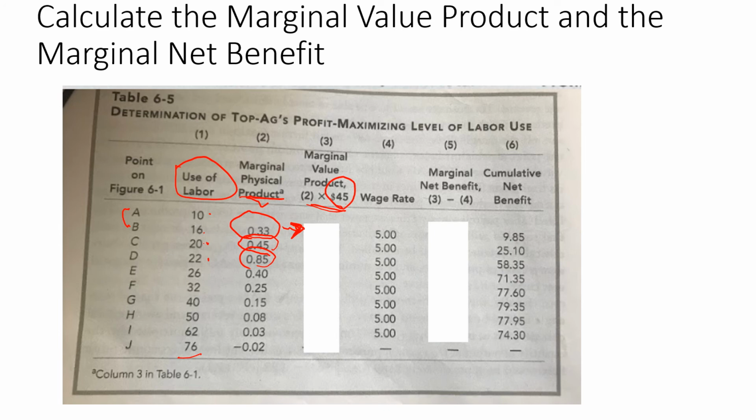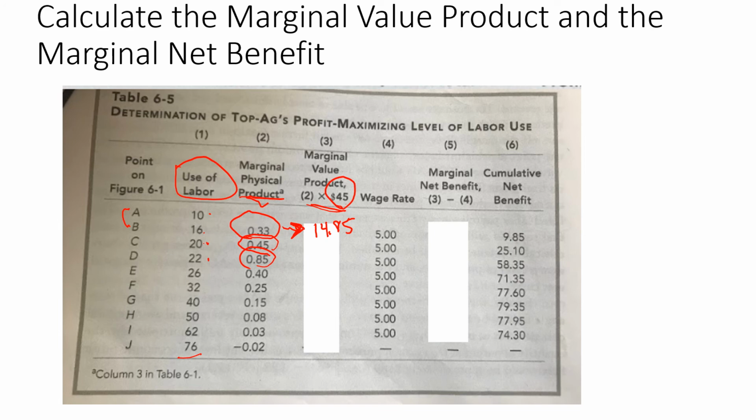So 0.33 times 45 gives us $14.85. So each additional hour of input that we hire will gain us $14.85 worth of product at the points in between A and B.